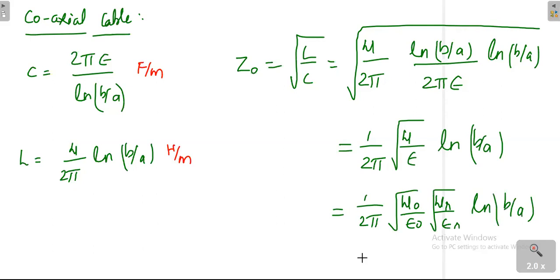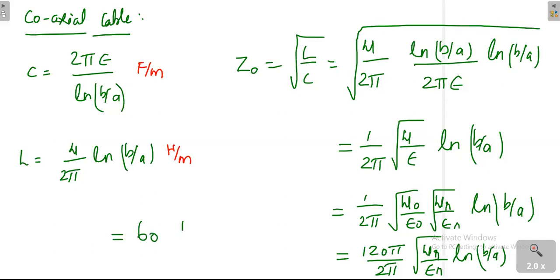Then what is square root of mu naught divided by epsilon naught? That is equal to 120 pi divided by 2 pi. So, with mu r divided by epsilon r, ln b by a. Once you modify, this is 60 square root of mu r divided by epsilon r, ln b by a is the answer.